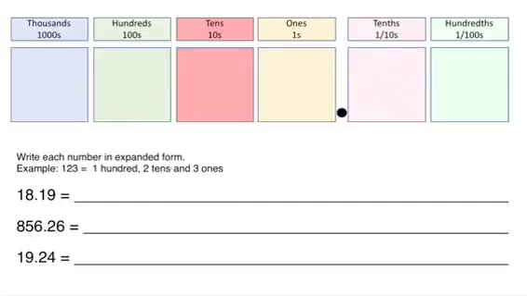You have to write out each number in a kind of long expanded form, like if you're doing expanded column addition. So let's do one as an example. 18.19.